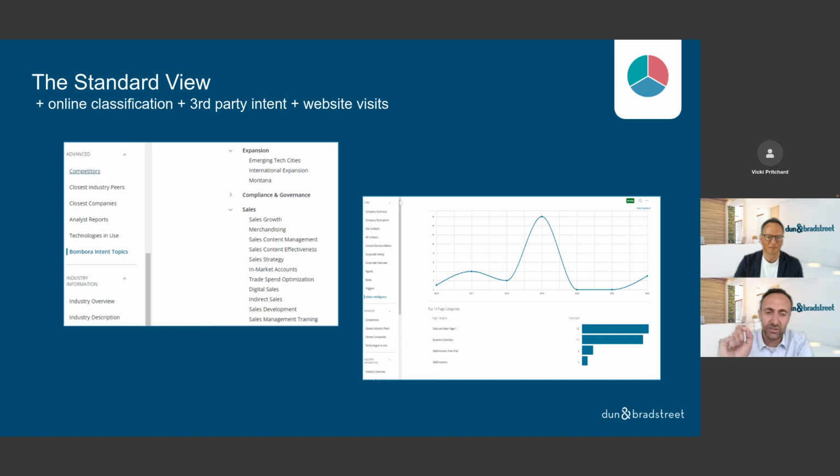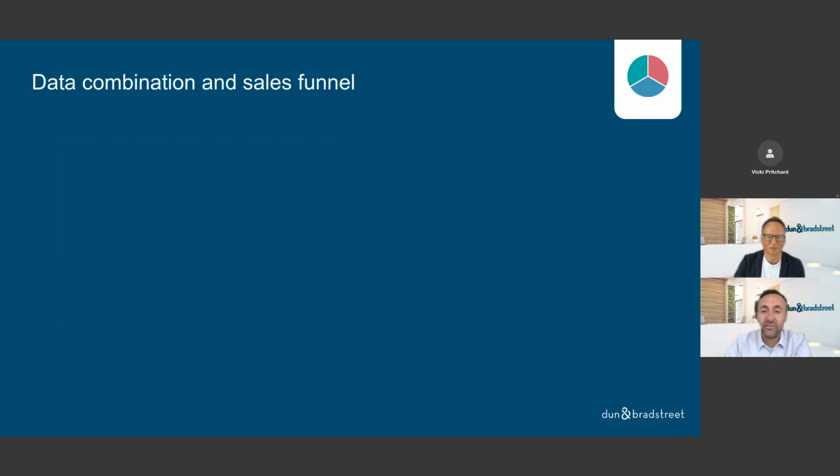And I will come back to the right person in a couple of seconds, because what I would like to mention at this point is that everyone knows the so-called sales funnel. I would like to show how this data combination works together and how combining the data will affect the sales funnel. It's, I think, very obvious.